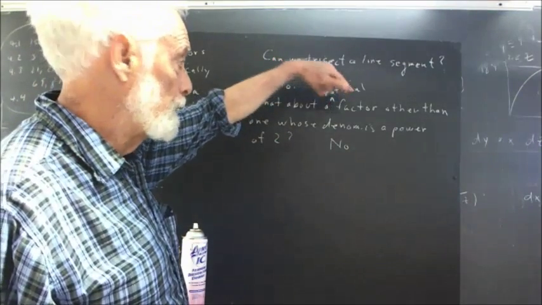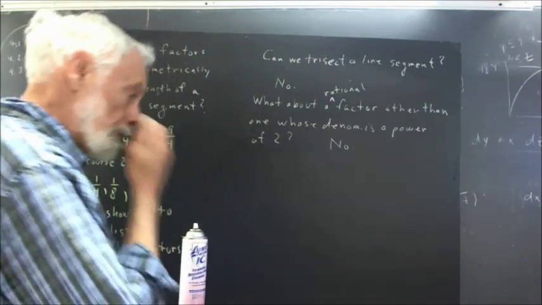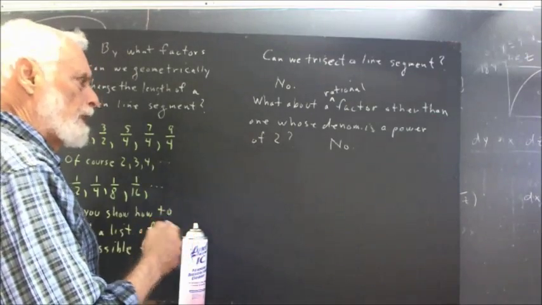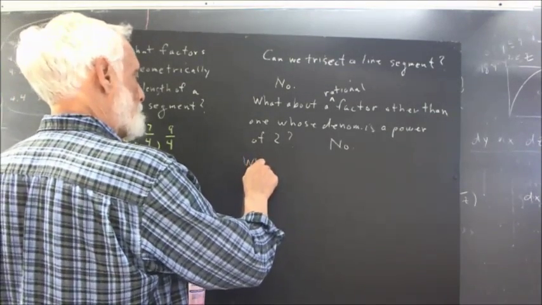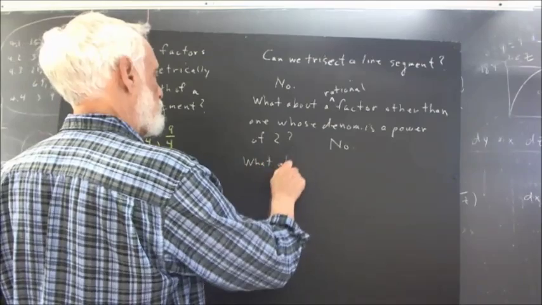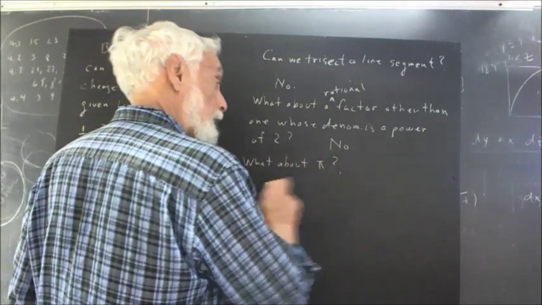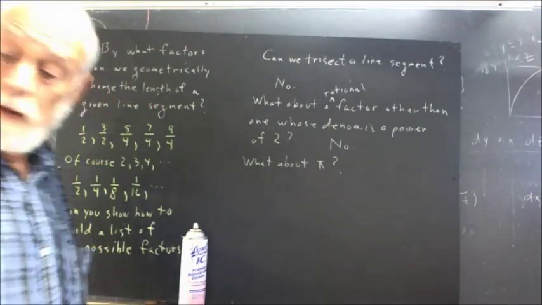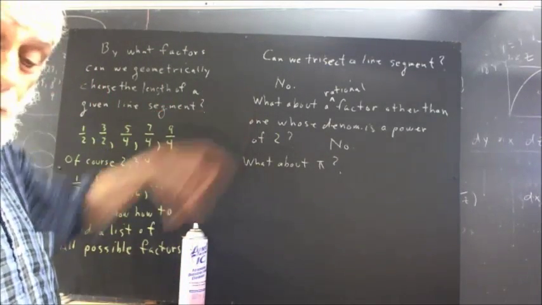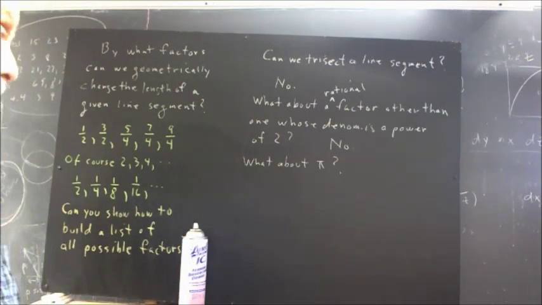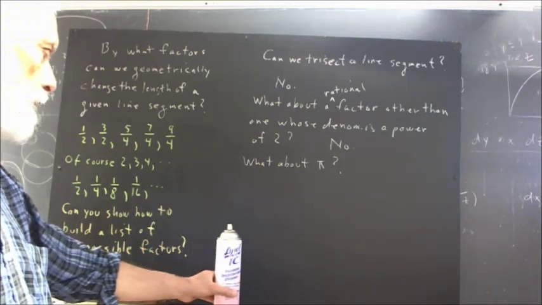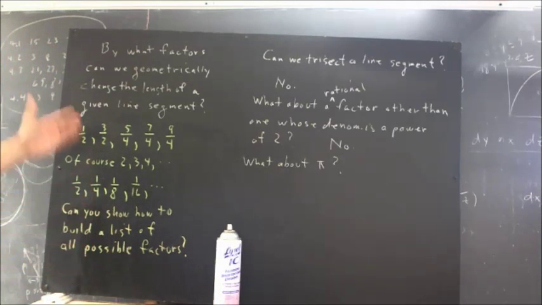A rational factor other than those whose denominators are a power of 2. Okay, what about pi? Okay, pi is not a rational factor, so that hasn't been addressed. Okay, well, a set of interesting questions, but start by building a list of these factors.